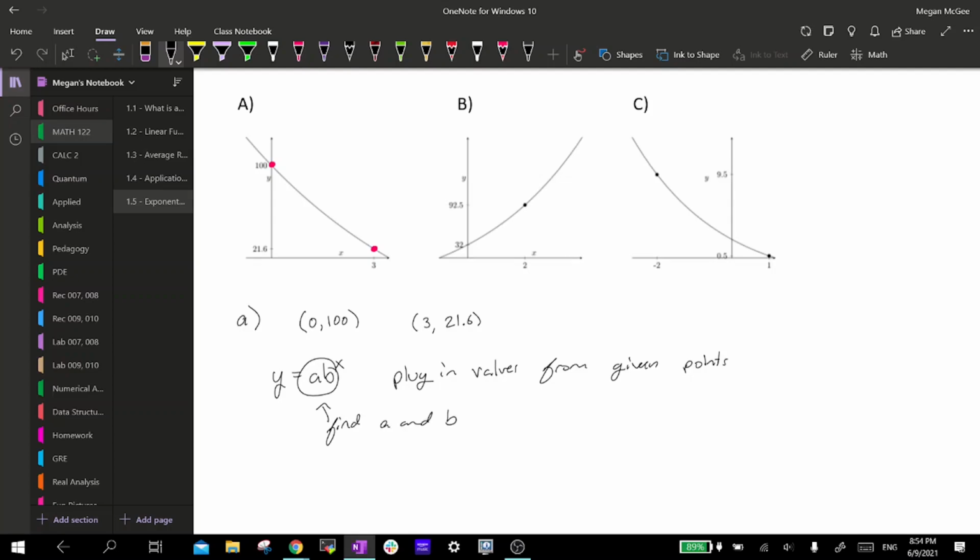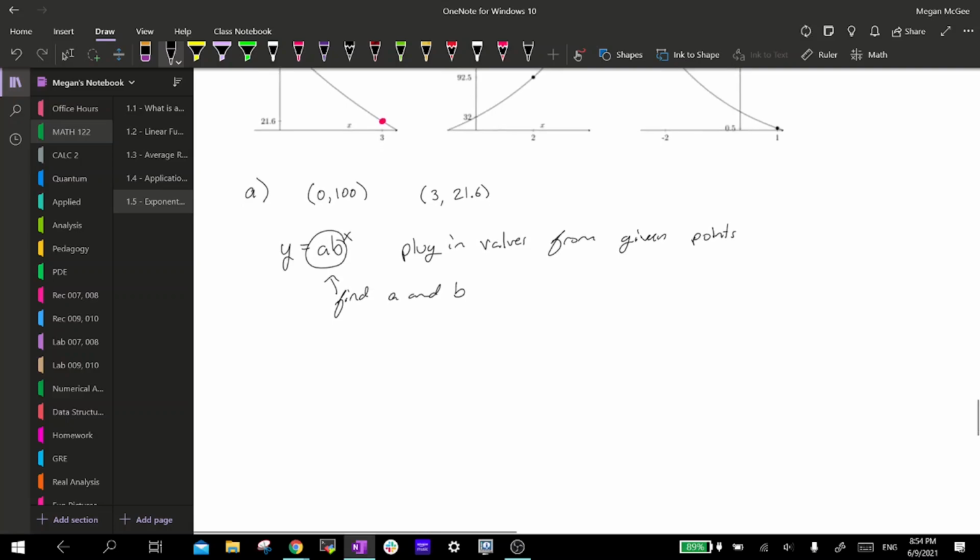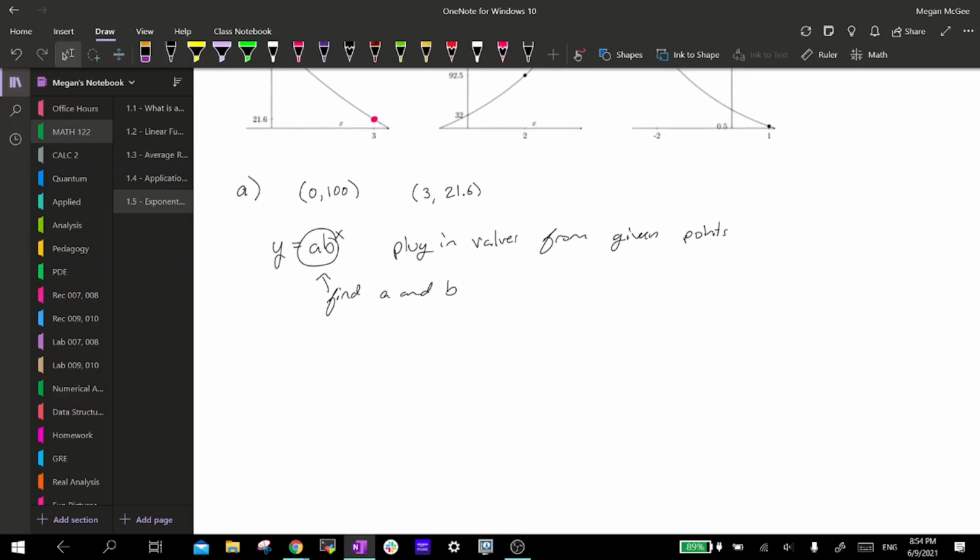We know y and we know x, and so we need to use them to find a and b. So I'm going to call this y1 is equal to a times b to the power of x1, and y2 is equal to a times b to the power of x2. Pick either point you want and label them x1, y1, x2, y2.